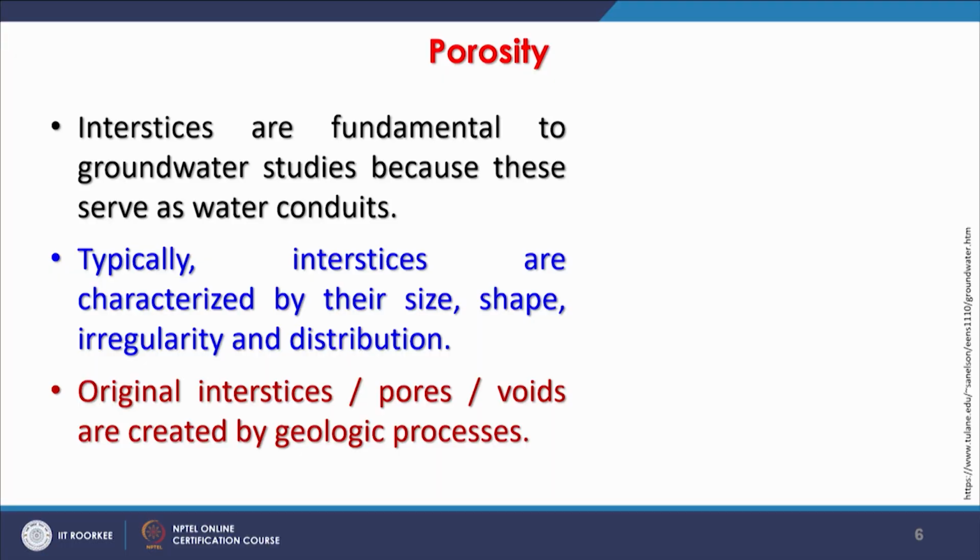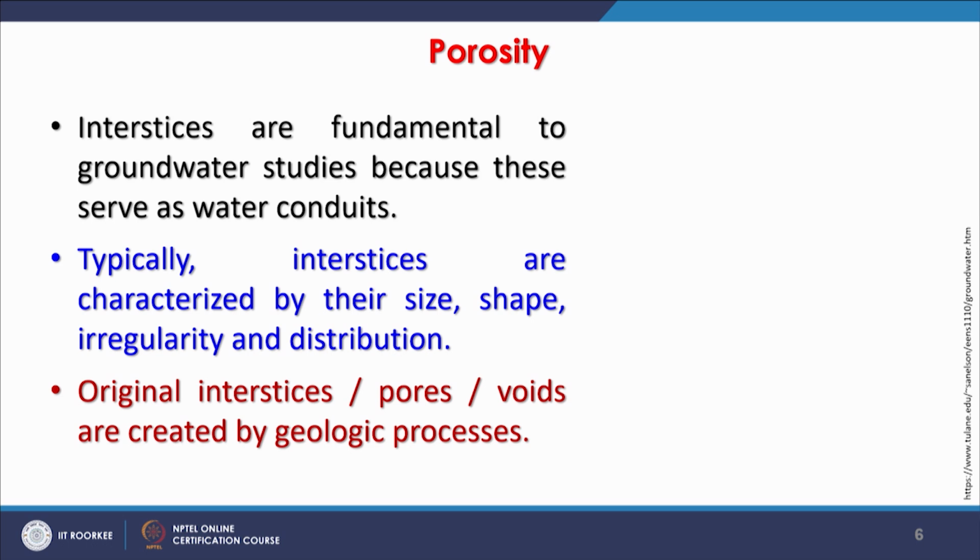And so, original interstices, pores or voids are created by geologic processes. Some porosity is inherent, or genetic porosity you can say, that occurred when these rocks were formed. But there is also a concept called secondary porosity.